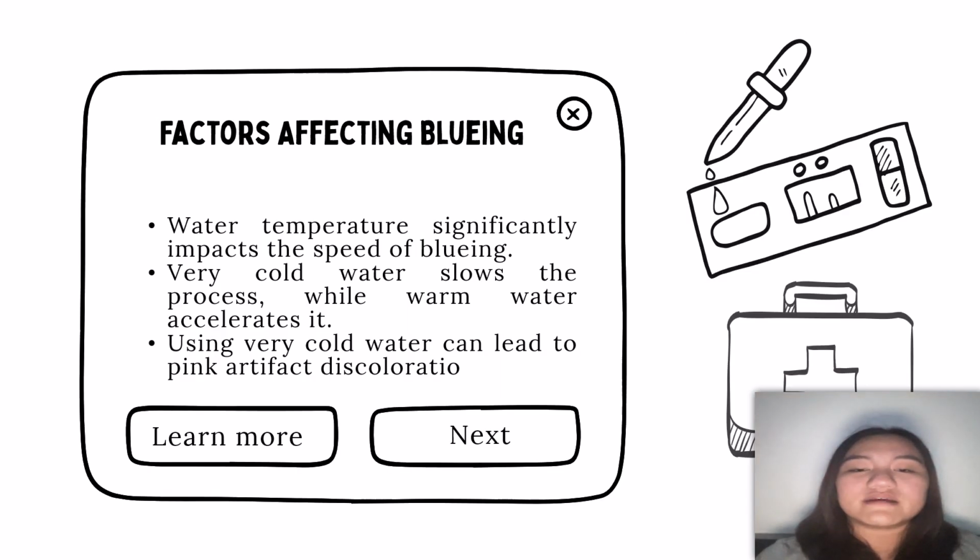Factors affecting the bluing process include water temperature because it significantly impacts the speed of bluing. When we use very cold water, it slows the process, while when we use warm water, it accelerates it. Using very cold water can also lead to pink artifact discoloration.